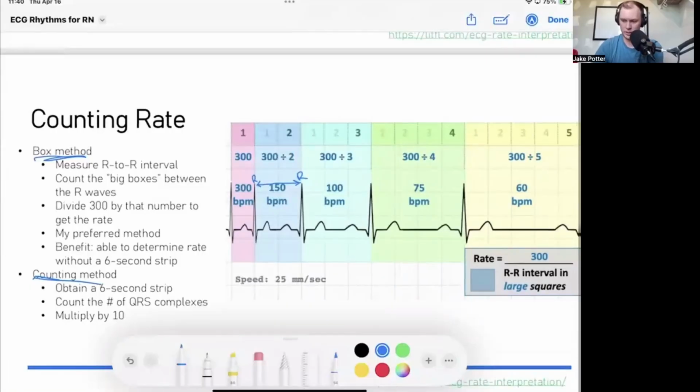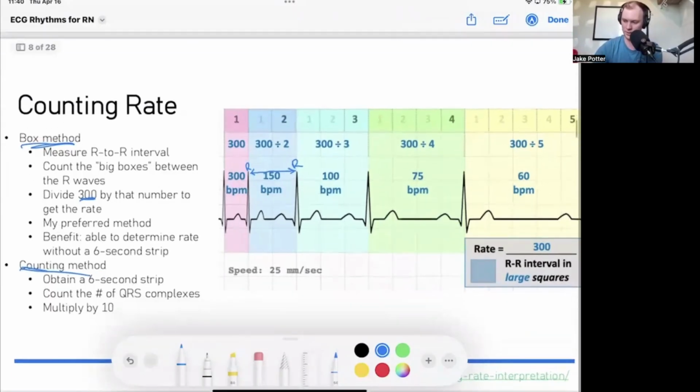So when we do this, we take 300 and divide by the number of big boxes. The big boxes are these more outlined boxes right here. You're taking the number of big boxes between the R waves and dividing 300 by that to get your rate. And like I said, the benefit of this is you're able to determine the rate without a 6 second strip.